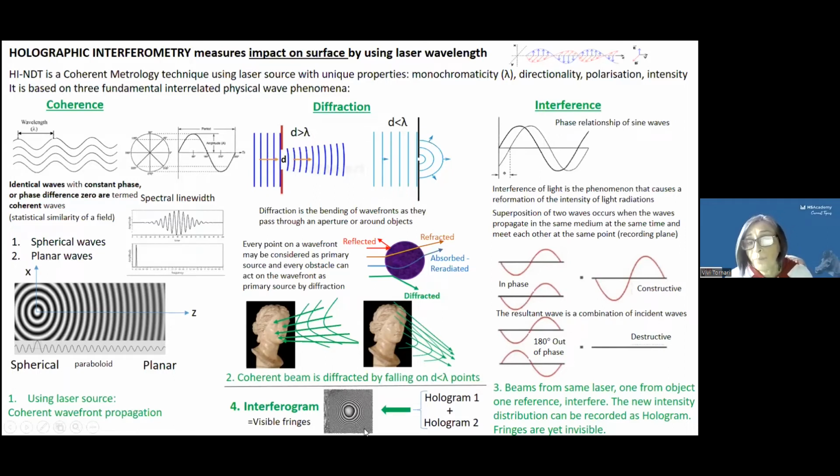And what we get is an image of visible fringes. In optical holographic interferometry, this image of visible fringes overlaps the image of our artwork. So I continue from, that was a parenthesis, I continue from the creation of our visible fringes.